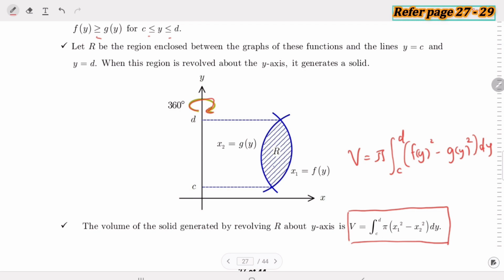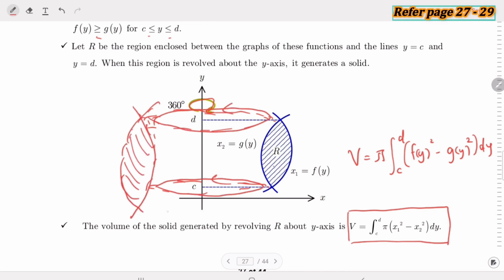If you realize, it is actually the volume of f(y), and then we subtract the volume of g(y). As I said before, in the sketch here the rotation is about the y-axis. The region is rotated, so the bigger function, f(y), gives the first volume, and then we subtract the volume of g(y).